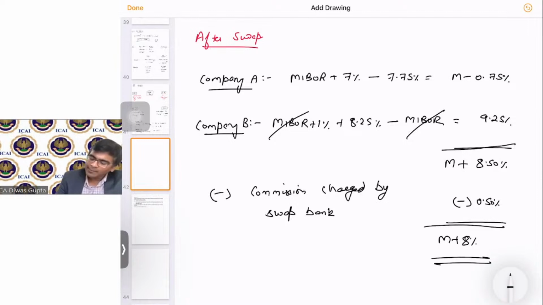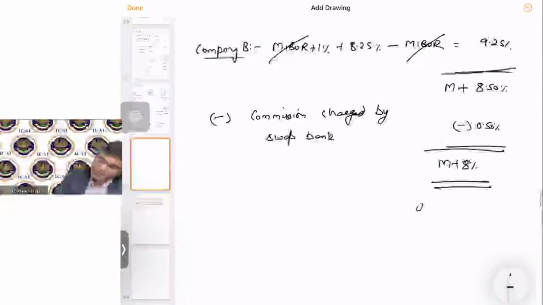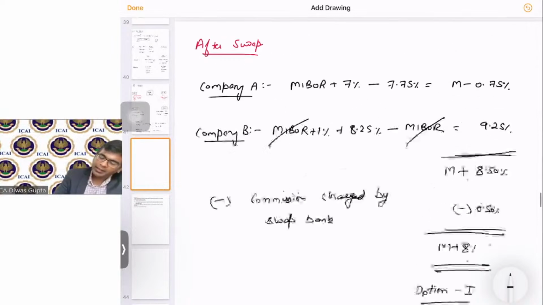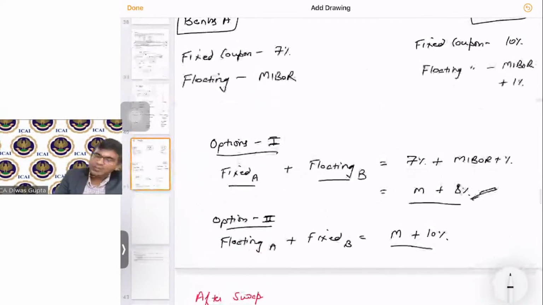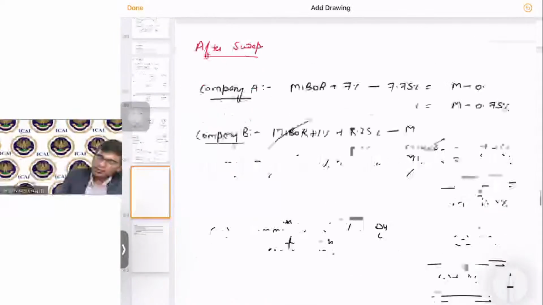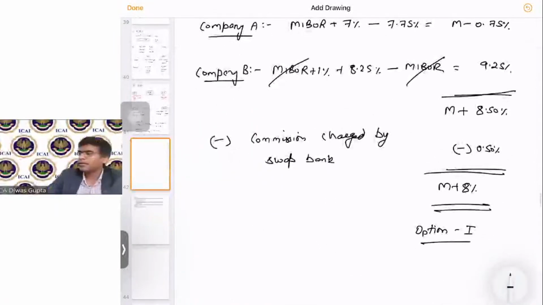So this is the M plus 8 percentage, which is the option 1 total cost that was coming, correct? If you see option 1, M plus 8%, that is how it is coming here. Any questions till now?